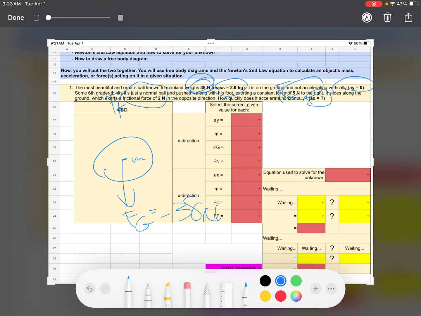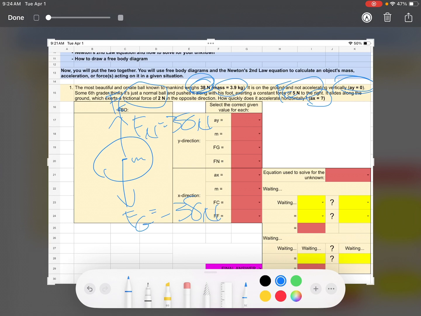It's on a surface and it's not accelerating vertically, so that means Fn, equal and opposite, a positive 38 newtons. If you didn't know that, that's probably because you didn't spend as much brain power as you should have on assignment 29 whenever you learned the forces and how to draw FBDs. Let alone the fact that this is coming hot off the heels of an FBD practice sheet.